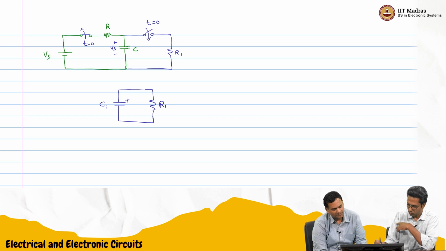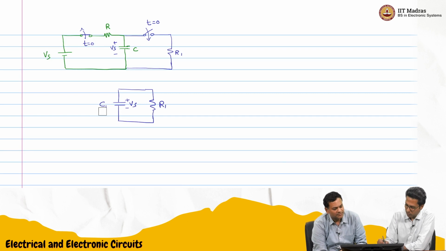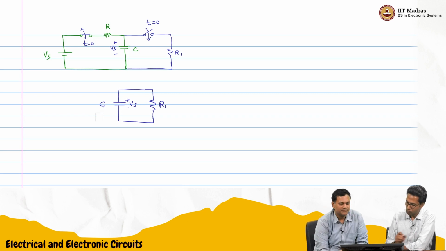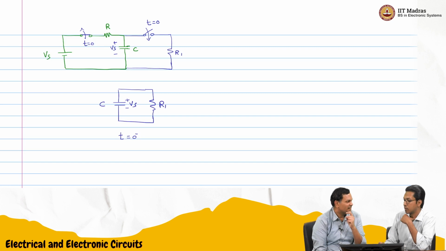C1 which has a voltage of Vs. This is I think it's just C. And we actually know the answer to this. It is like Vs into e power minus t by RC, right? That's what we get for the voltage across the capacitor, and the expression for current, no?